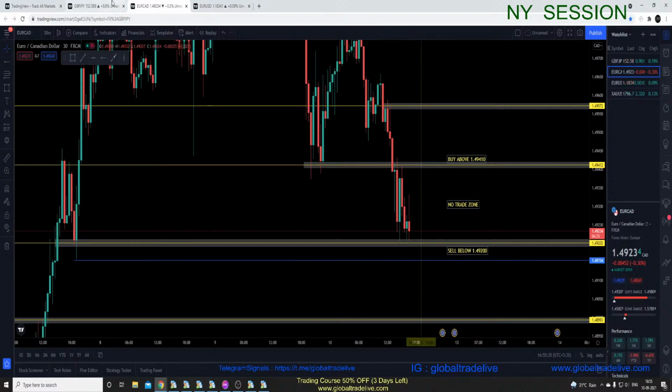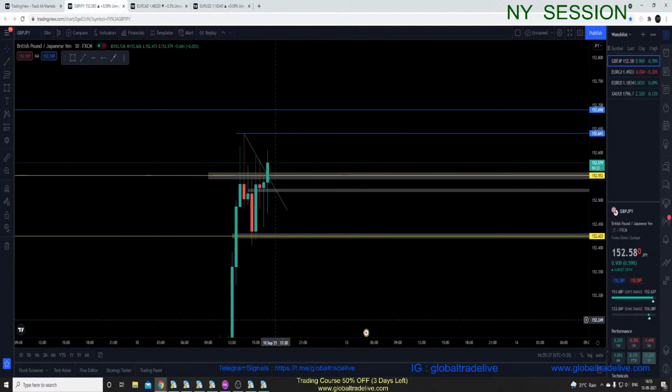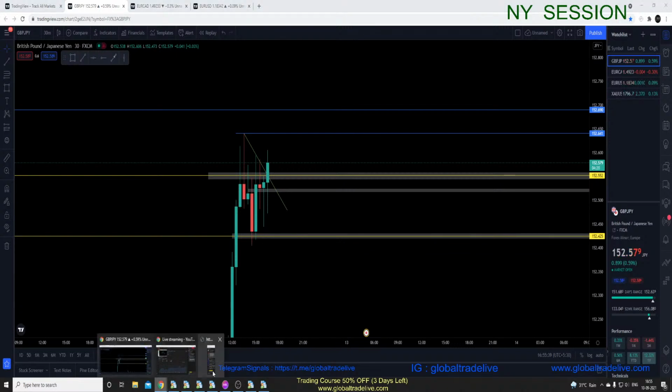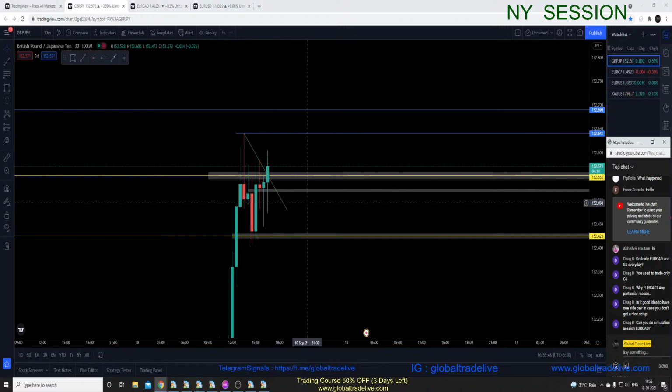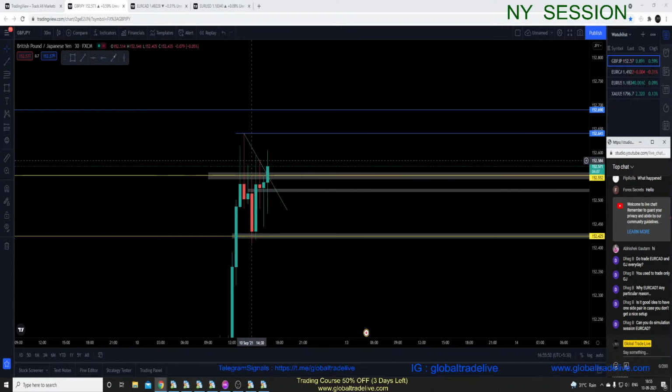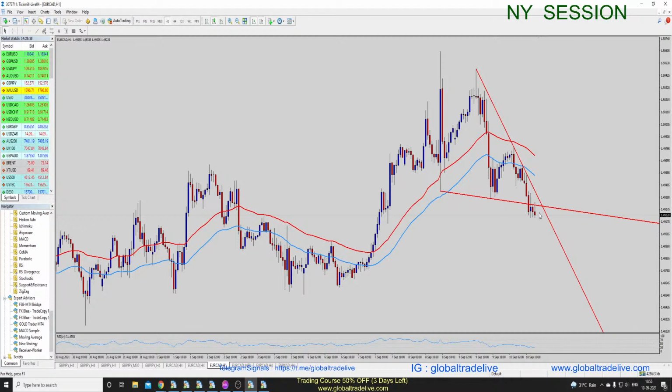Now these kinds of things really test my patience. Look here, it just rejected that area. Let's hope that this candle closes above these rejection zones from the left. Let's have a look.